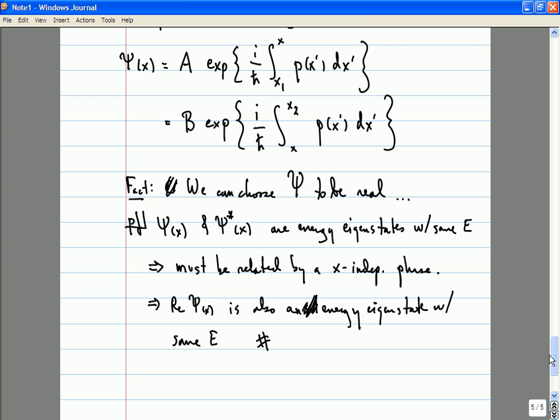In fact, this is not an accident. This is a consequence of one of the symmetries of the theory that we're studying. In particular, it's a consequence of one of the symmetries of one-dimensional particles moving in potentials. And so, as we will see later in this course, it is because this Hamiltonian is time reversal invariant.